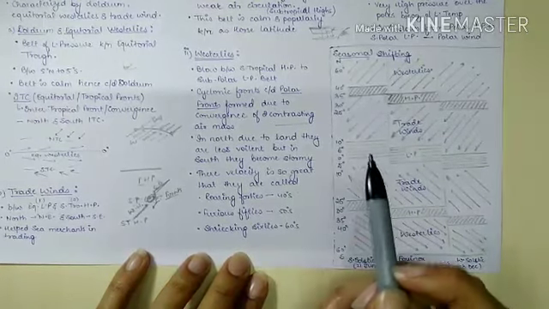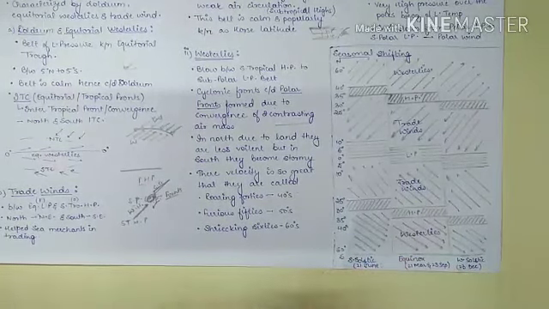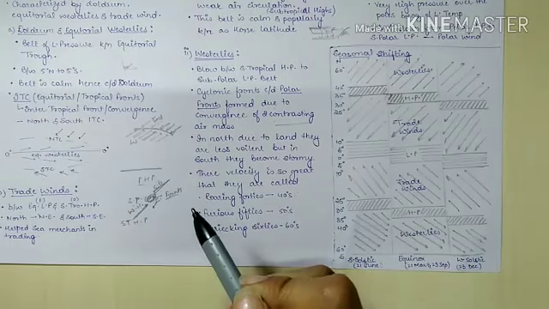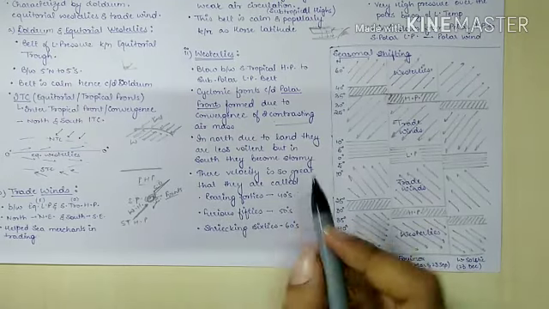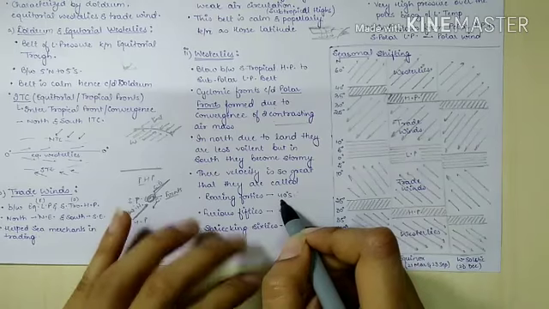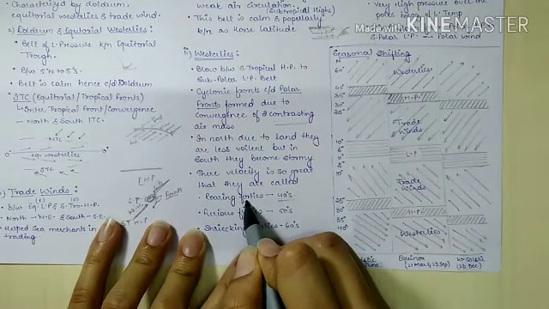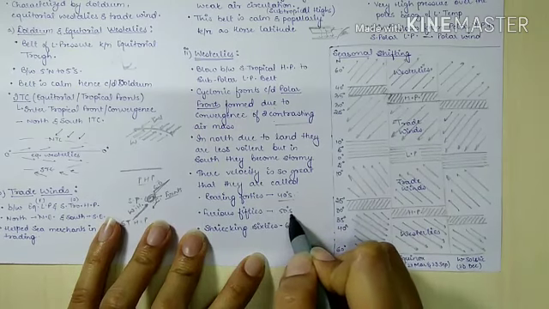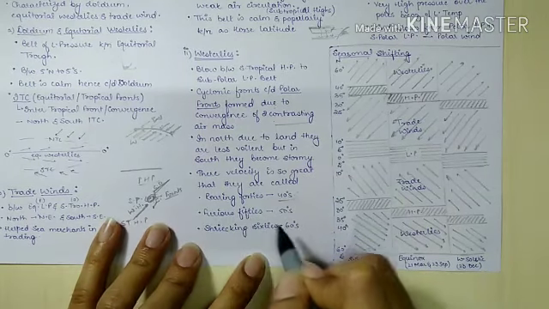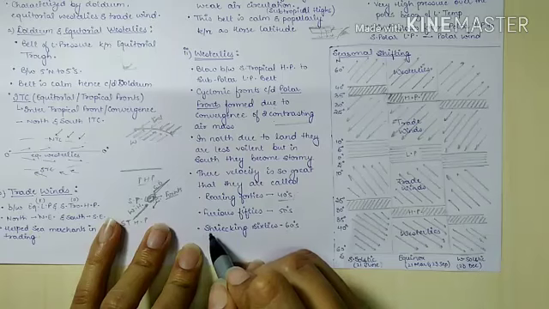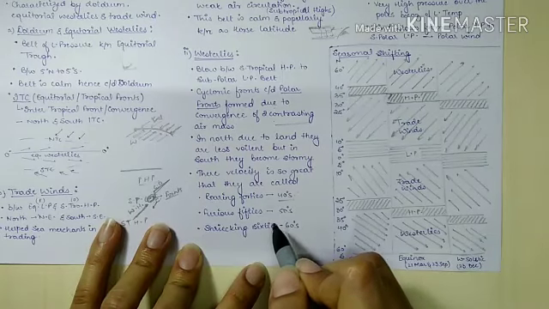Because they become very stormy, they are called by various names according to their velocity. At 40 degrees south, they are known as roaring 40s. At 50 degrees south, they are known as furious 50s. While at 60 degrees south, they are known as screeching 60s.